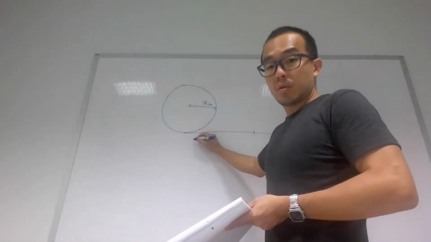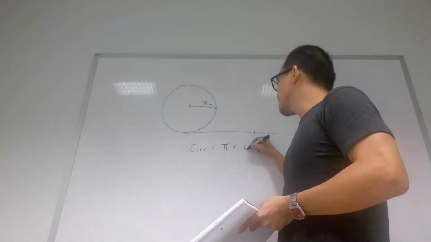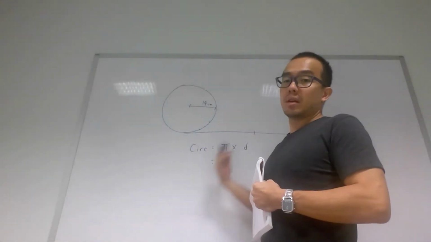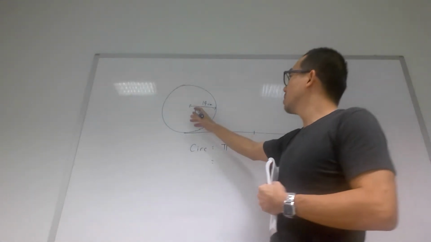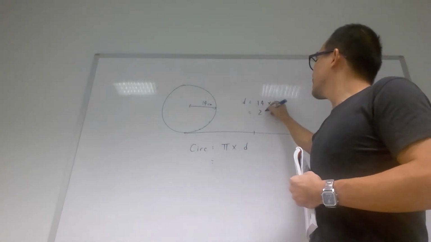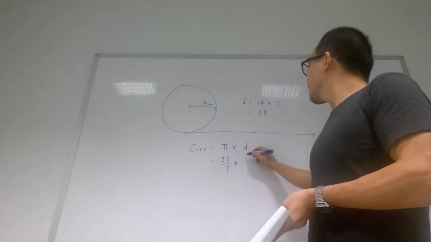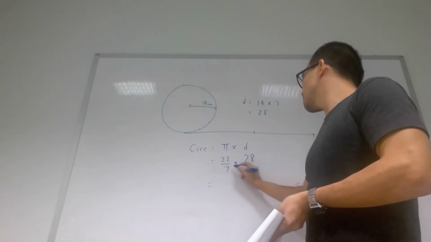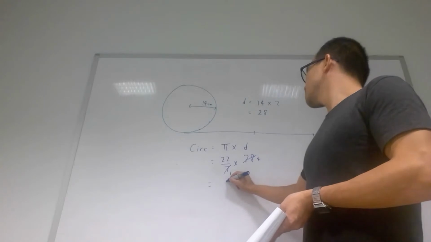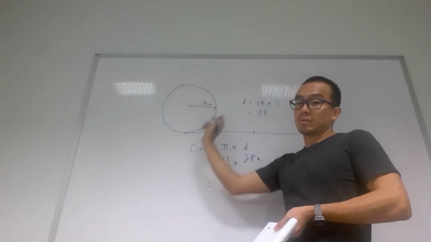Okay, so the first step you need to do is find the circumference, and you know it's pi times d. Is this a diameter? It's not a diameter, right? You know that by now. So the diameter equals 14 times 2. Take pi as 22 over 7 times 28, and 28 divided by 7 is 4, so 88 centimeters. But 88 centimeters is just 1 round.